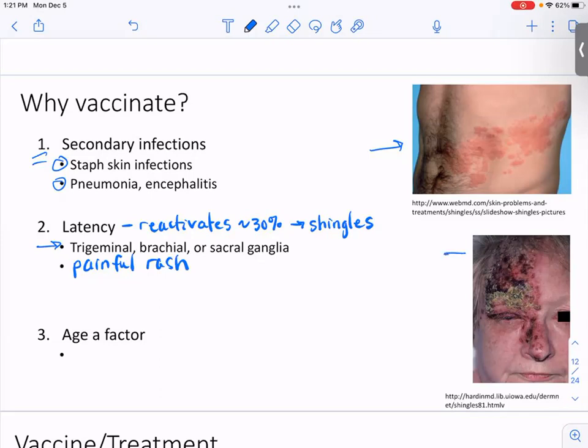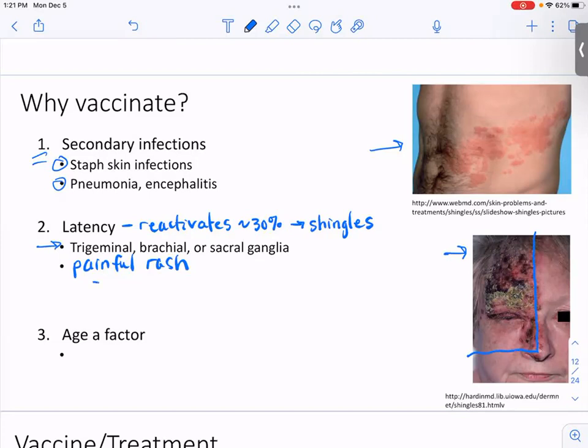Sometimes we see it in the face, sometimes below the belt a little bit. Usually strikingly on one side of the body or the other. So this is very striking how it's only reactivated in one nerve, one side of the head. So painful rash.